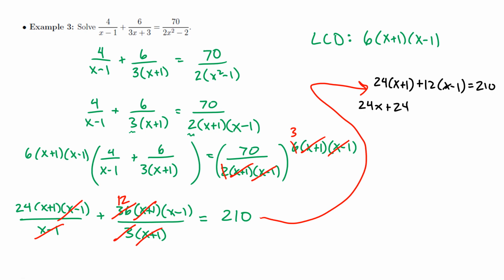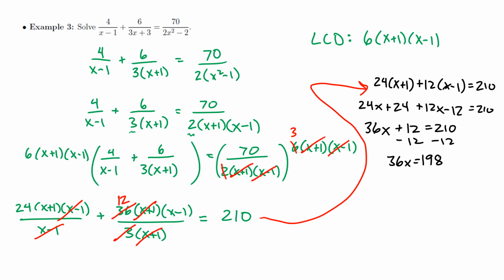24x plus 24 plus 12x minus 12 equals 210. And putting my like terms together gives me 36x plus 12 equals 210. So 36x equals 198. And then just divide by 36 on both sides.